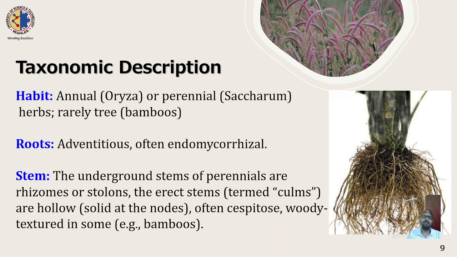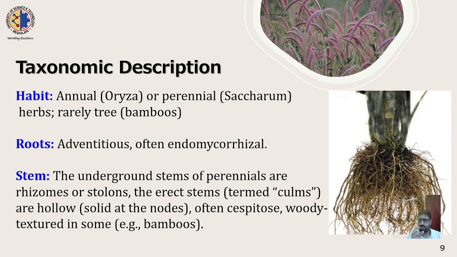sugar cane. And rarely we have trees, but sometimes you will find bamboos as a grass, bamboos as a shrub. Now, its root system is advantageous. Why advantageous? When the seed germinates, at that time its primary root system, which comes from the radicle, is short lived.